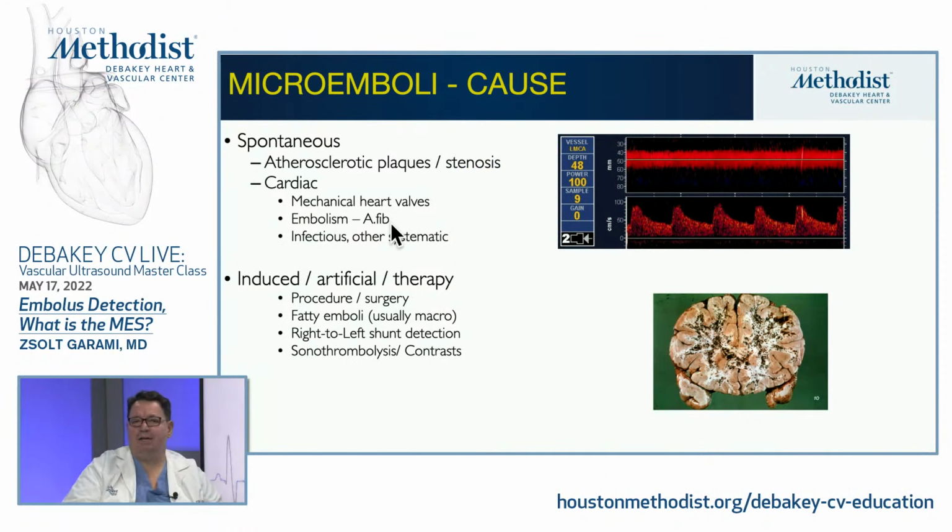But when you have an AFib catheterization done and you're burning those AFib nodules, you will see much more embolization, probably the highest emboli count when we do ablation. So these ablation procedures had even more emboli than the TAVRs and even the CABs.